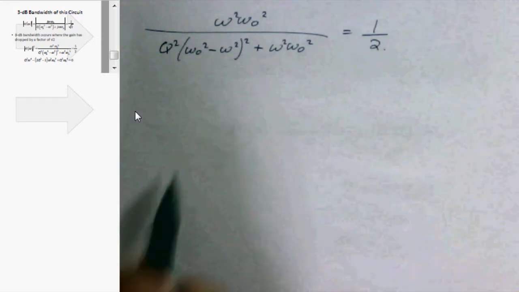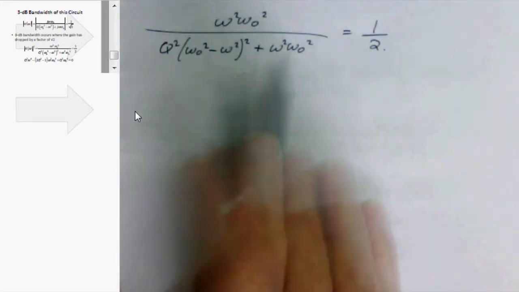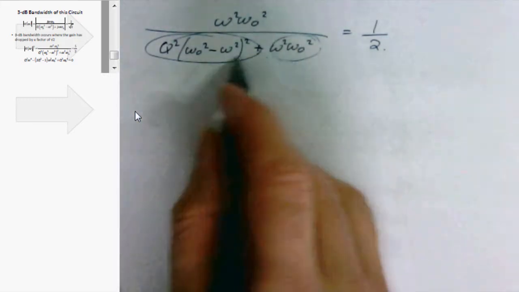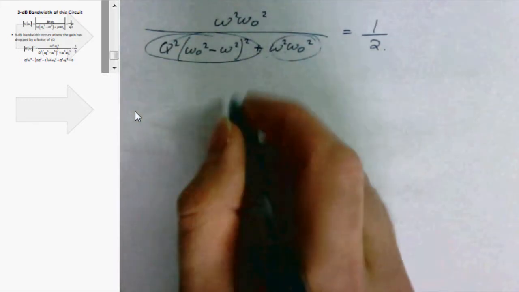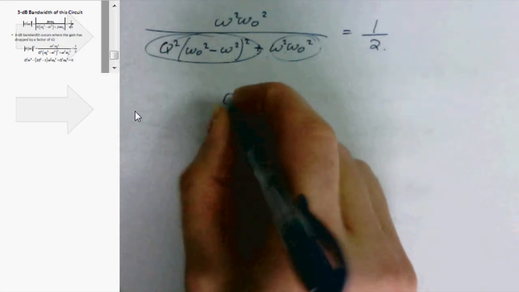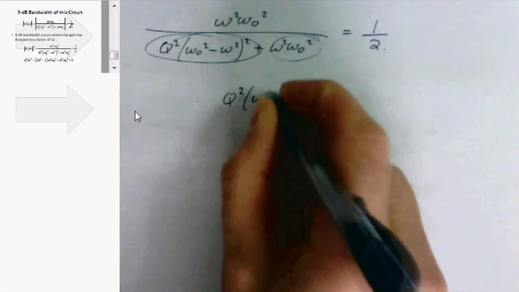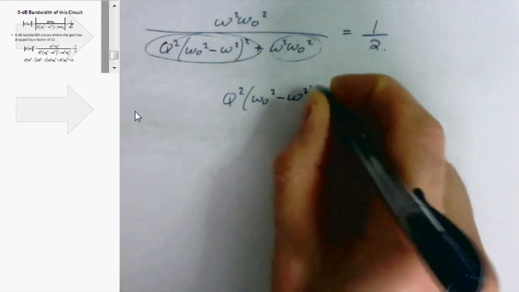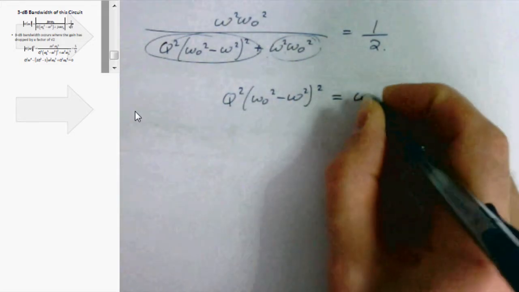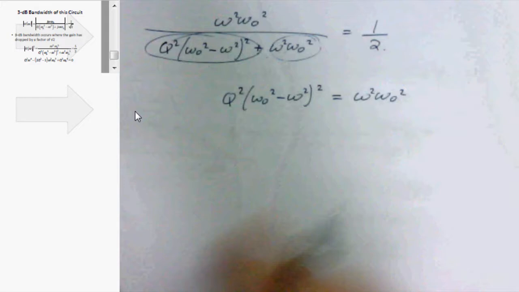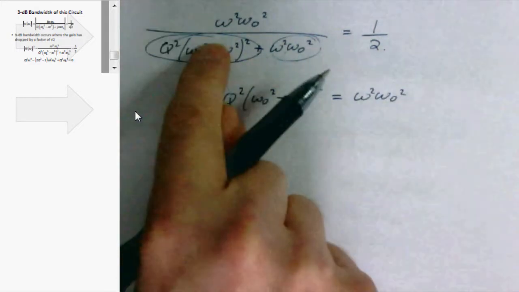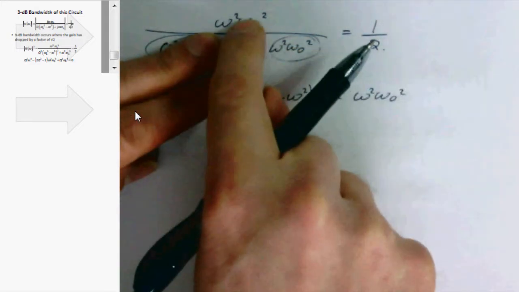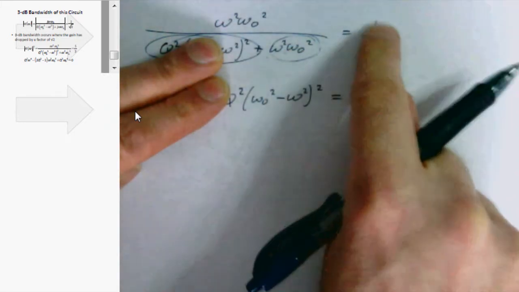And for this to be equal to 1/2, this term here must be equal to this term here. So Q squared times omega naught squared minus omega squared, squared must equal omega squared omega naught squared. And then if that's equal to that, we just have this over this plus this, which is just a half.